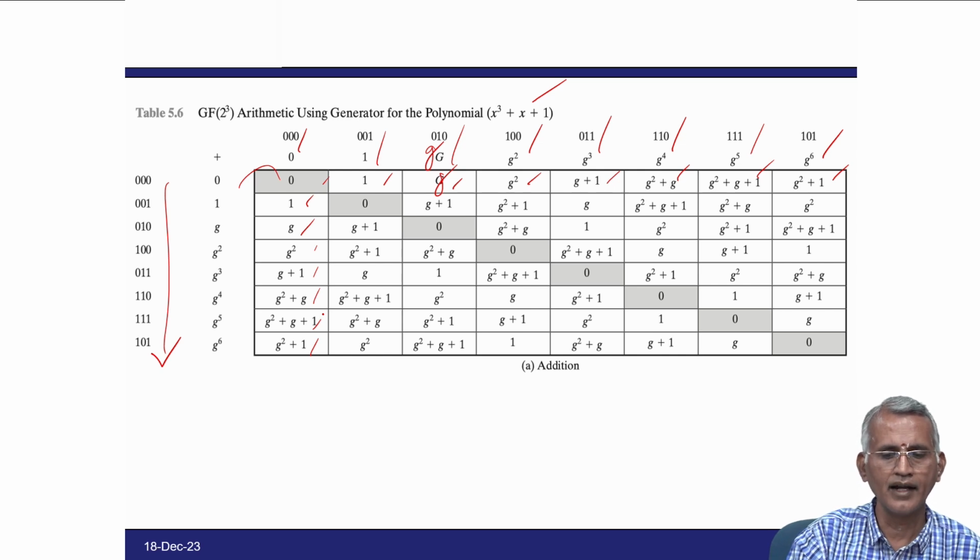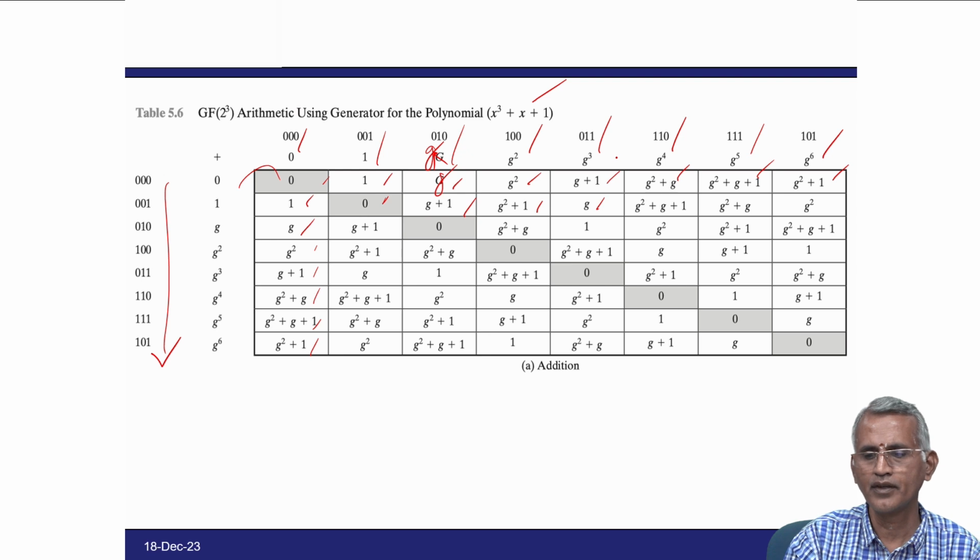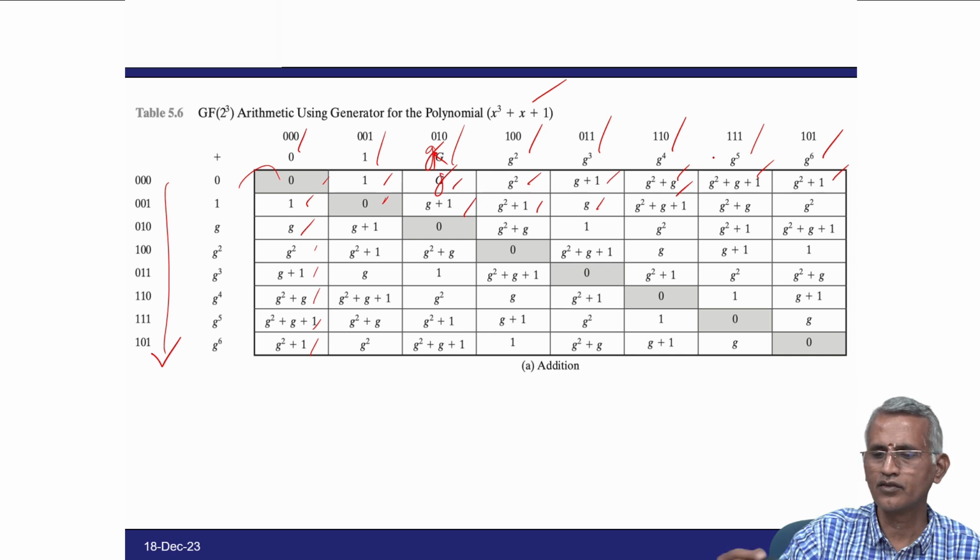Now, we simply add. 1 plus 1 is 0, 1 plus g is g plus 1, and g square plus 1 will come. g cube plus 1 is g, right, because g cube equals g plus 1. Therefore, g power 4 plus 1 is g square plus g plus 1, and g power 5 we already calculated, see the previous expansion and then substitute from the table.